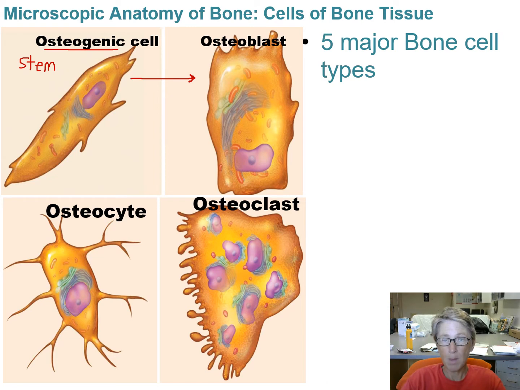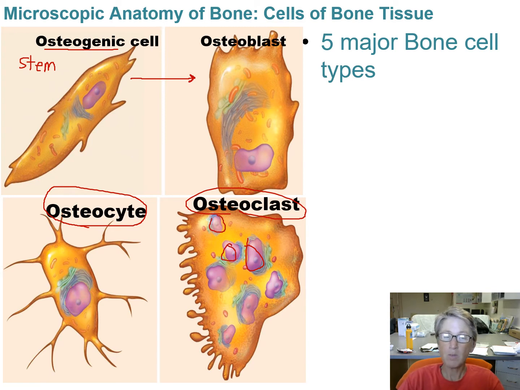organic bone matrix. And then the osteocyte, remember our old buddy, the osteocytes, they live in lacunae in the osteon, which is a structural unit of bone. And then the osteoclast, look at all these nuclei. They're multinucleate, and they actually break down bone. Why would you want to break down bone, you ask?